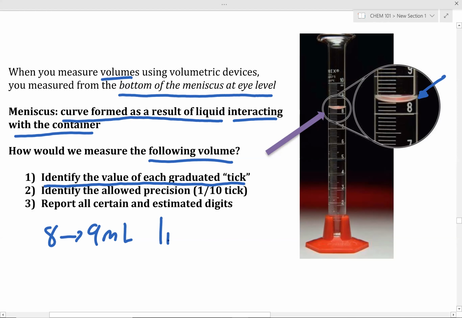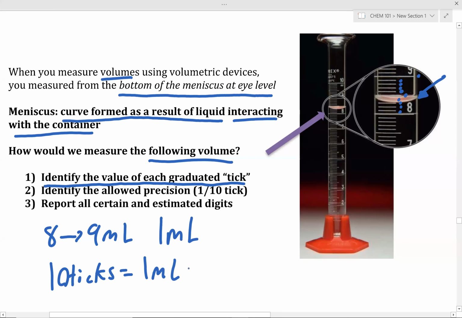Yeah, so we have 1 milliliter. Okay, and how many of these little tick marks do you see? Let's count them. How many total tick marks do we see from 8 to 9? Yeah, we see a total of 10. 1, 2, 3, 4, 5, 6, 7, 8, 9, 10. So we have 10 ticks equal to 1 milliliter.